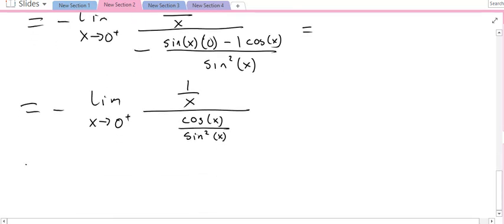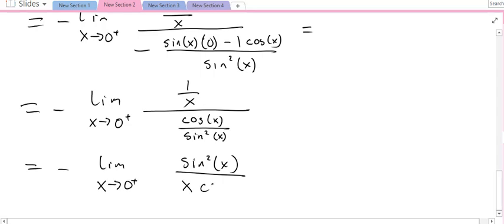We probably want to clean this up and see what happens. If we take this from the right here, we're going to get sine squared of x over x times cosine of x. And if we look at this, what we get again is 0 over 0.